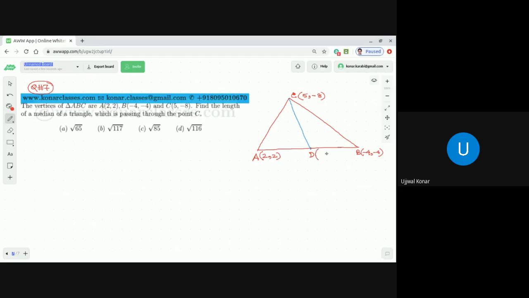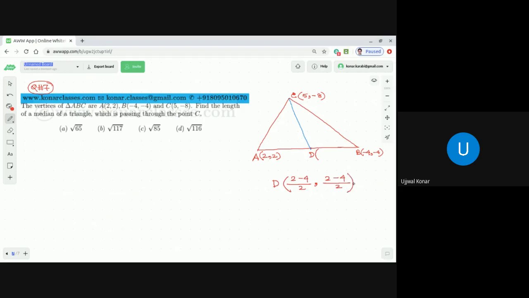That should be 2 minus 4 by 2. So the coordinates of the point D will be: x coordinate of A, that is 2, plus x coordinate of B, that is -4, divided by 2, comma, y coordinate of A, that is 2, plus y coordinate of B, that is -4, divided by 2.